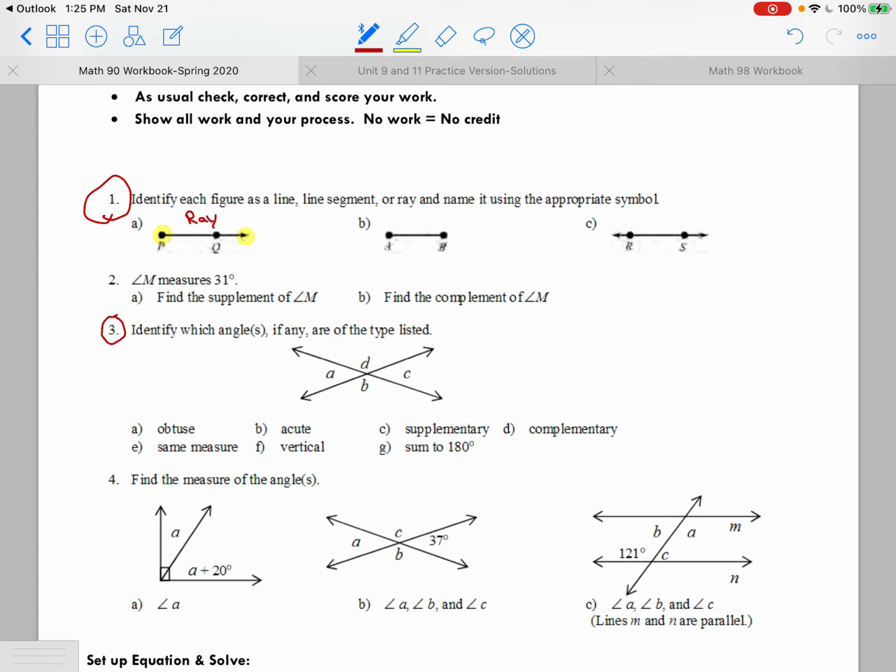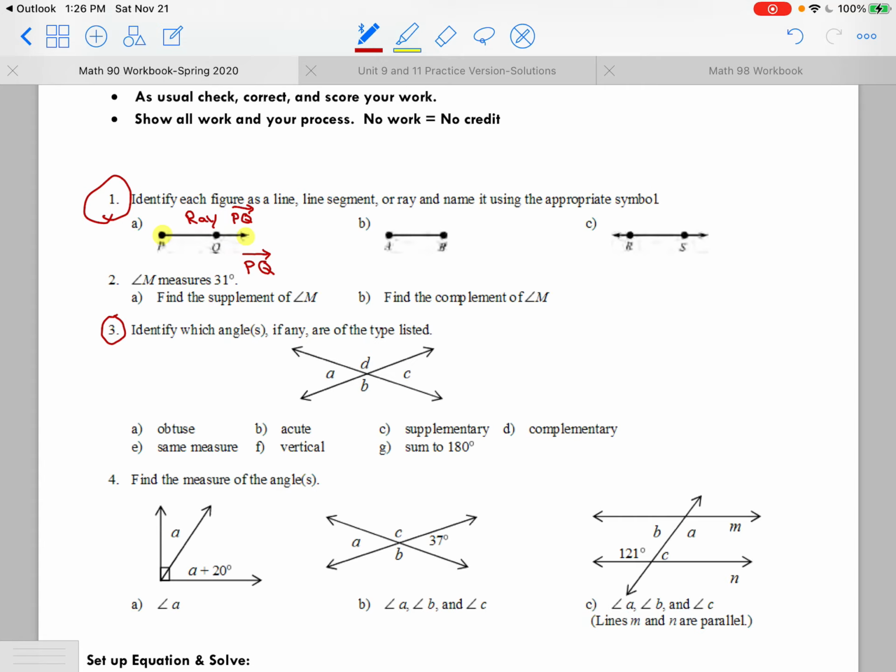And we would note this as, we know it starts at P, goes through Q, and it starts at one point with an arrow on one end only. That would be the only way we would note that. We could also just say this is ray. We could even do it all at the same time. This is ray PQ, something like that. You could do it right next to the word ray.